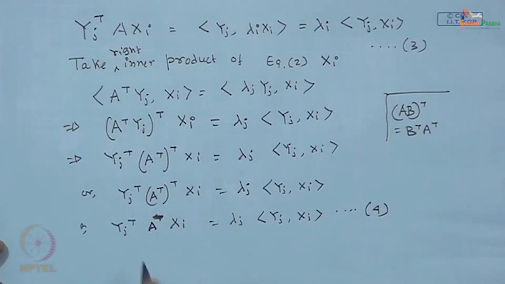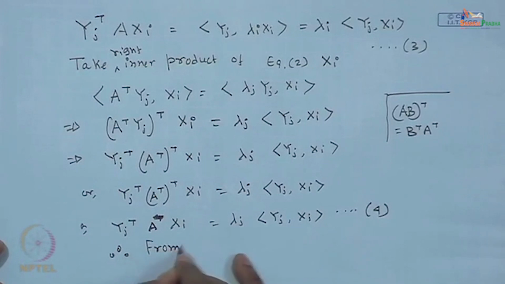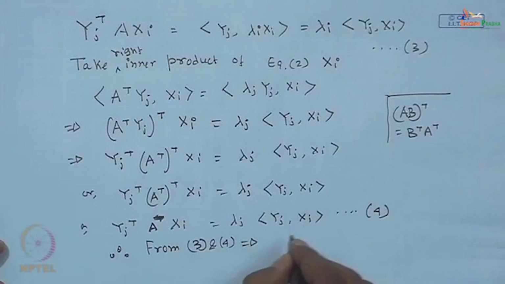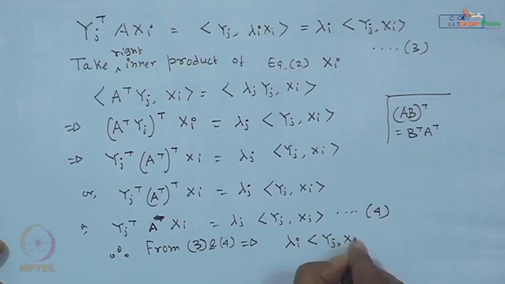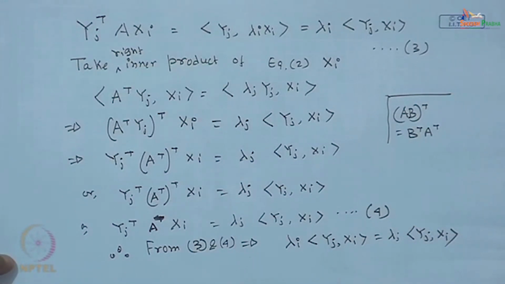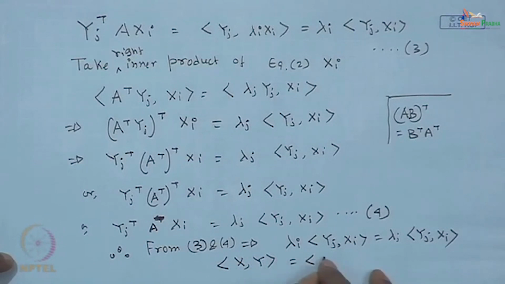So, comparing the two, from equations 3 and 4, we can say that lambda I inner product of y j x I is equal to lambda j inner product of y j x I. And we have already seen that inner product of x and y is identical to inner product of y and x.